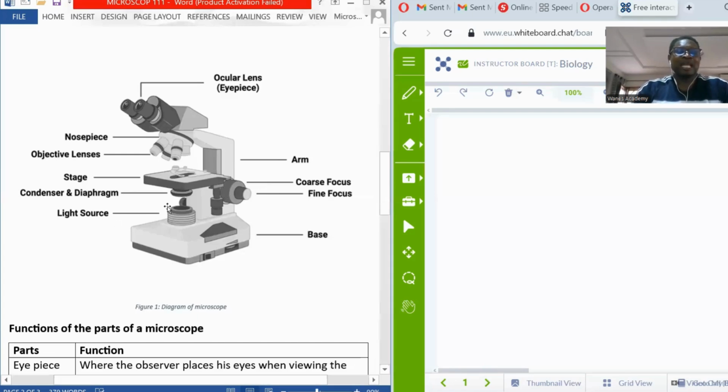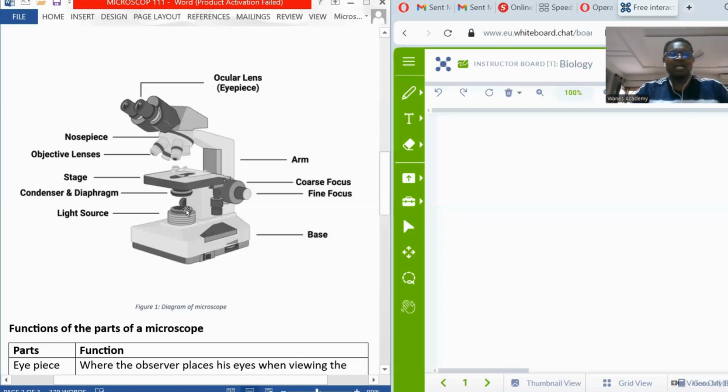Then we have the light source. Because this is an electron microscope that uses electricity, there's a light source which provides electron to view the specimen on the stage. Now, in the light microscope, here we have the mirror. The mirror directs light through the condenser to the specimen on the stage.